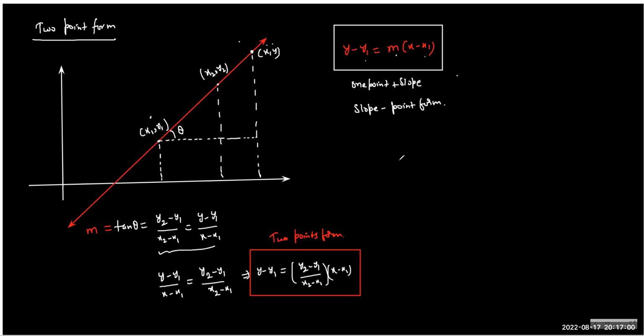Okay. Now the famous one is what? Slope intercept form. I hope you have heard this name. So what is the intercept? What do you mean by intercept? Tell me, guys.